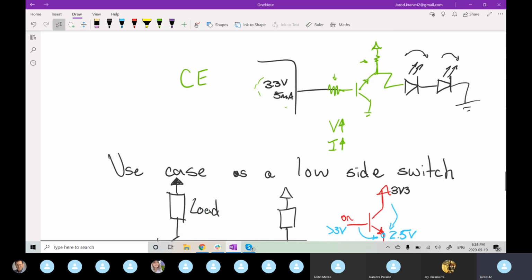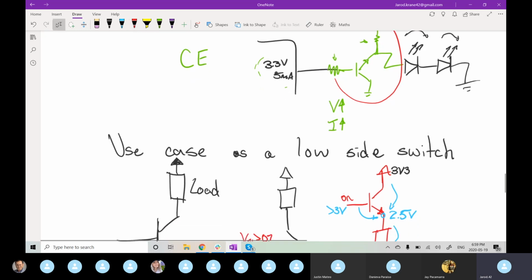It's just a matter of if you're placing your transistor system on either the high side or low side of your load, you would use a PNP or an NPN depending on which way you'd be going.